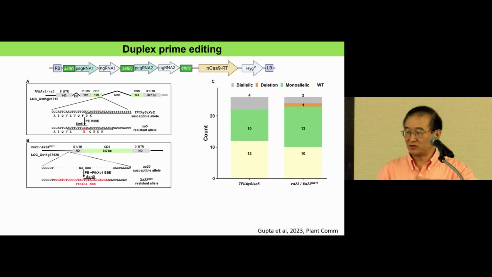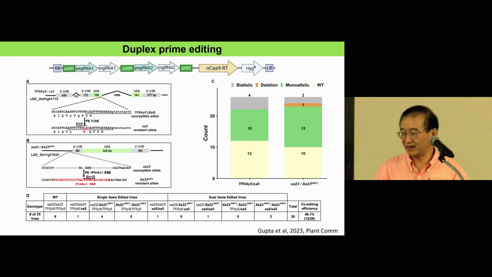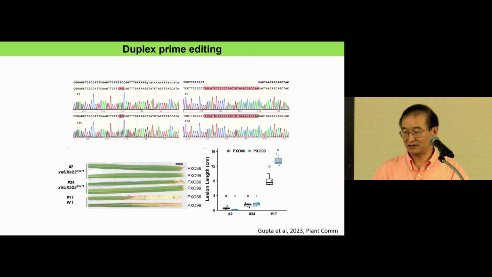As you can see, the monoallelic and diallelic is pretty high, and they have a combination of the single and the double. And the efficiency with 2 genes or 2 sites edited is like 46%, which is pretty high. And in this case, the sequence is perfect, as we expected, and the plant has the expected phenotype.